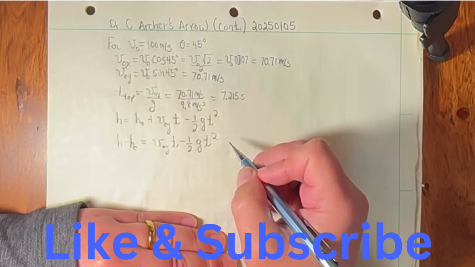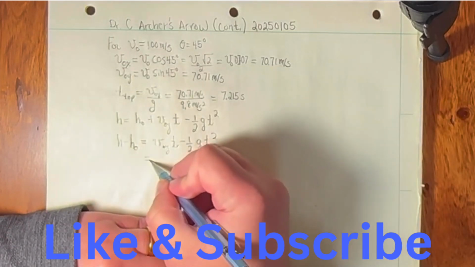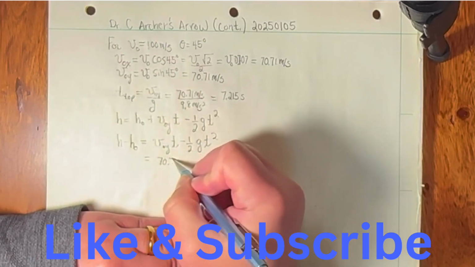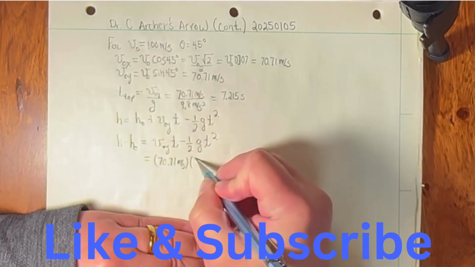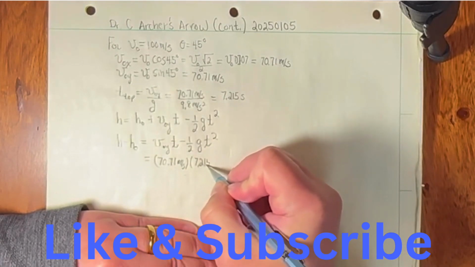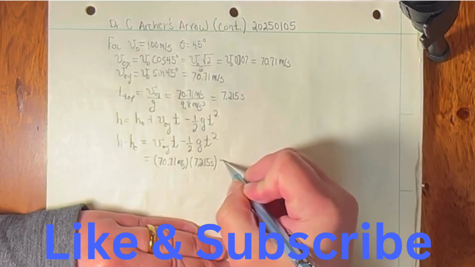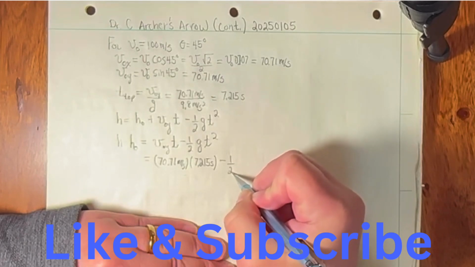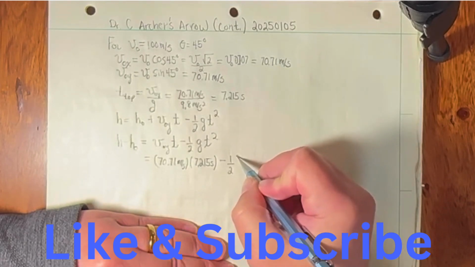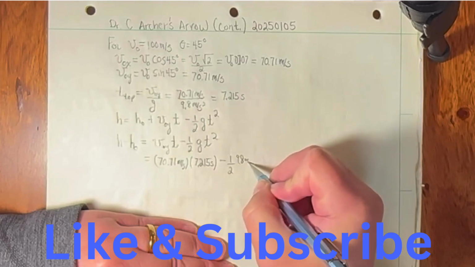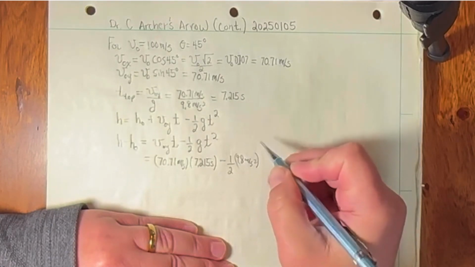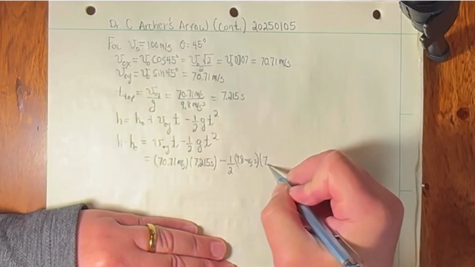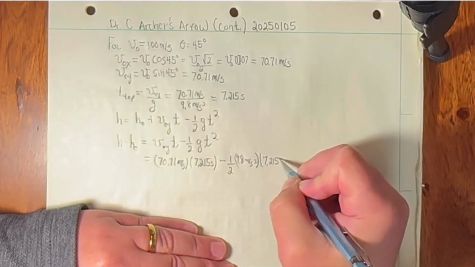So we can plug these values in. 70.71 meters per second times 7.215 seconds, minus 1/2 times 9.8 meters per second squared times the time squared, 7.215 to the top.